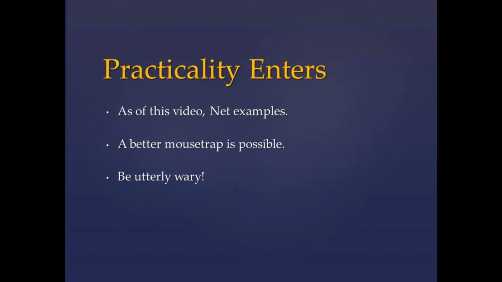And this is why I sought a better mousetrap all those years ago. At this point, you should be utterly wary about doing ternary analysis. Really smart people have at times been daunted by it.